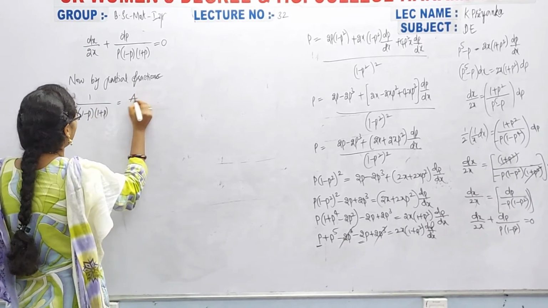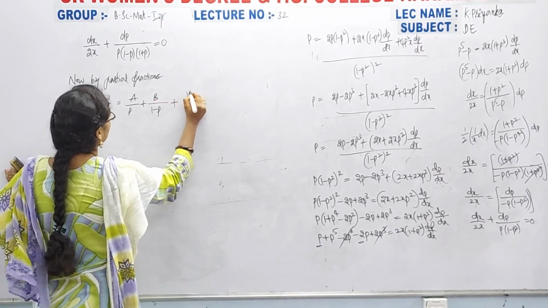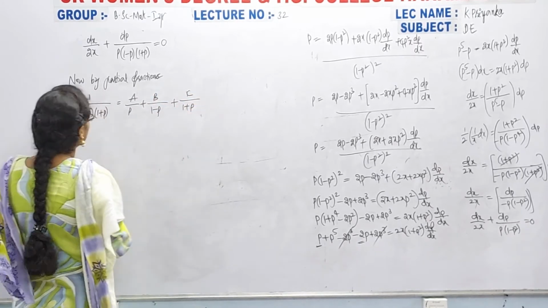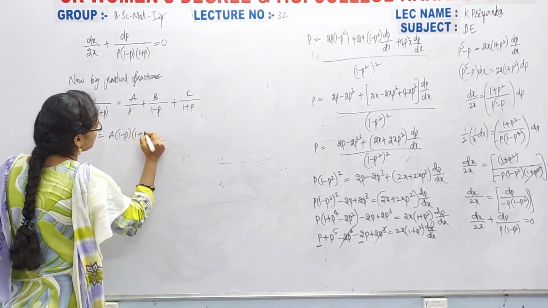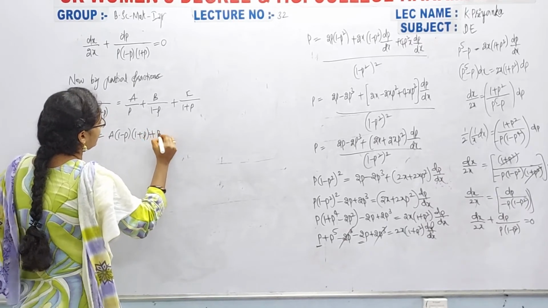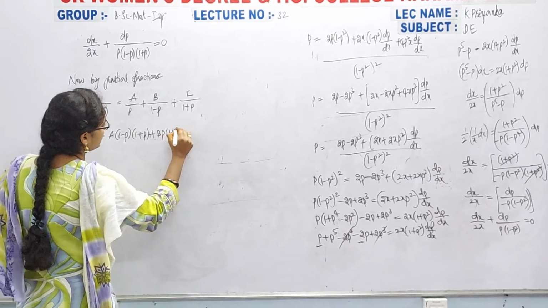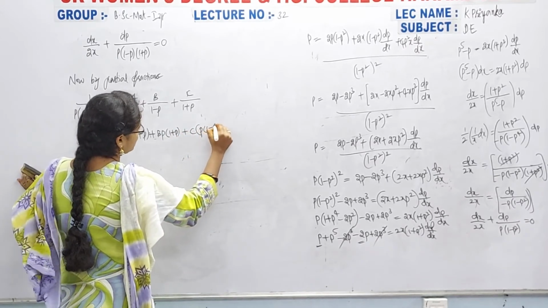First of all, a by p plus b by 1 minus p plus c by 1 plus p. So now 1 equals a of 1 minus p into 1 plus p plus b into p into 1 plus p plus c of p of 1 minus p.